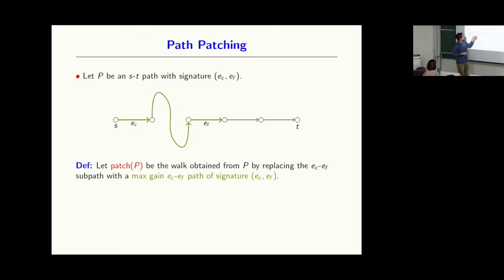So we're going to find the largest gain path such that these two remain the cost and flow bottleneck inside this subpath.